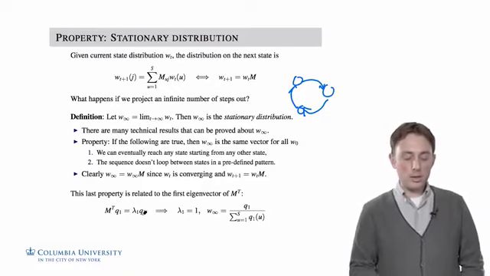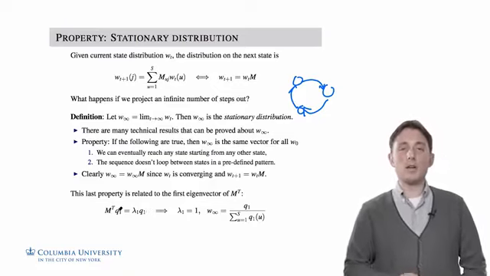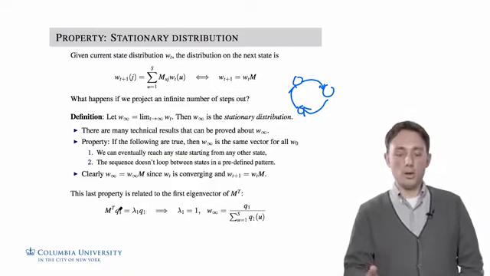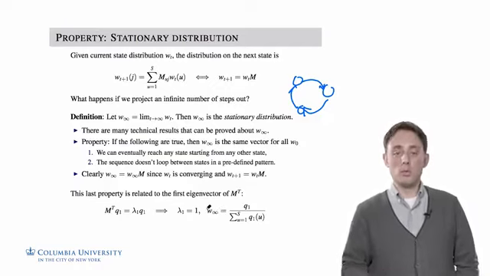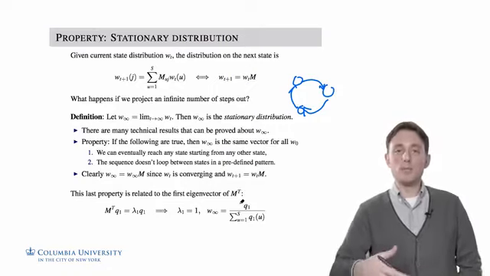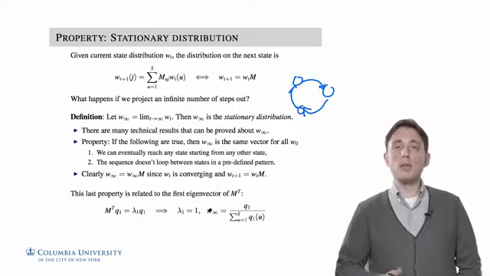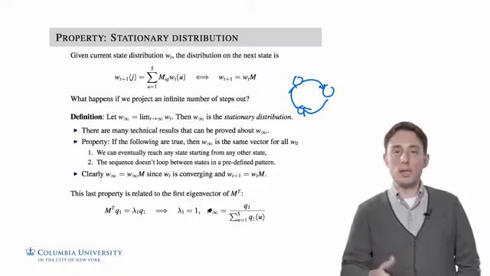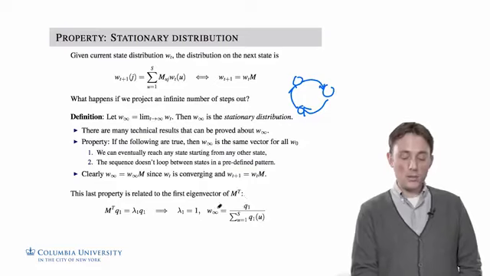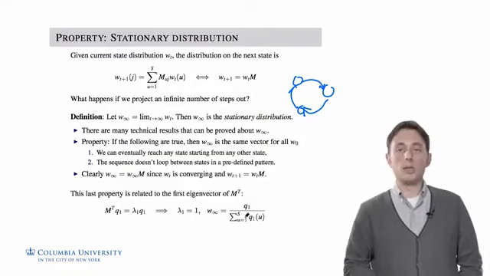And the first eigenvector relates to the stationary distribution in this way. Remember, by definition, the eigenvector has to have an L2 norm of 1, while the stationary distribution has an L1 norm equal to 1. So we square the entries of q1 and sum them up, and that equals 1. With this w infinity, we want to sum the entries without squaring them and have that equal 1. We can recover the stationary distribution by taking the first eigenvector of M transpose and normalizing it.